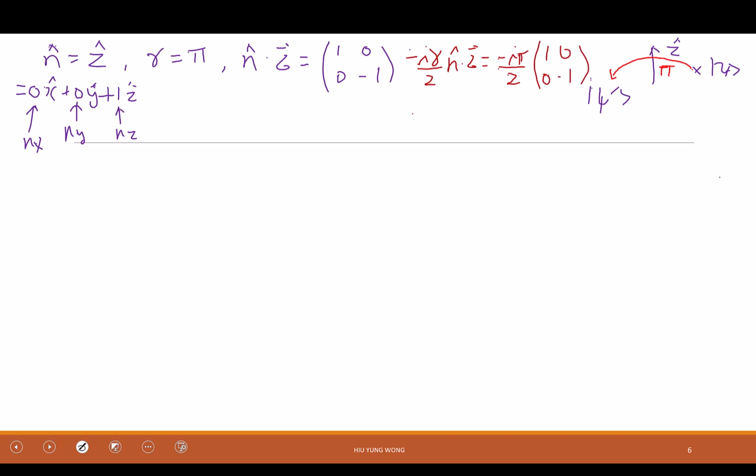Make sense? Which is equal to negative i pi divided by 2, 0, 0, i pi divided by 2.